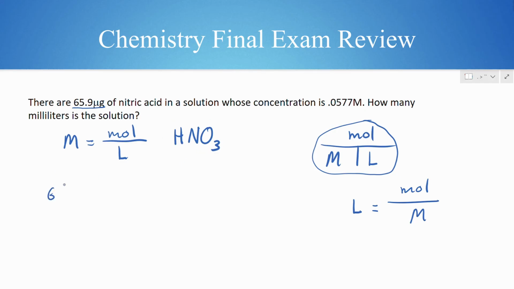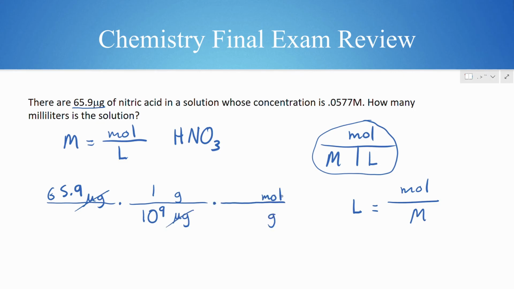So let's convert 65.9 micrograms of HNO3 to grams of HNO3 and then to moles of it. We know in 1 gram there are 10 to the 9 micrograms. This is our conversion from micrograms to grams. And then we need to convert this number of grams to moles.